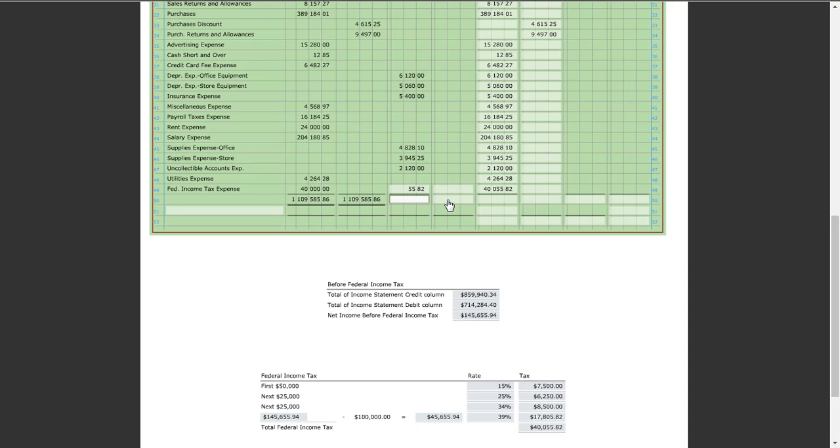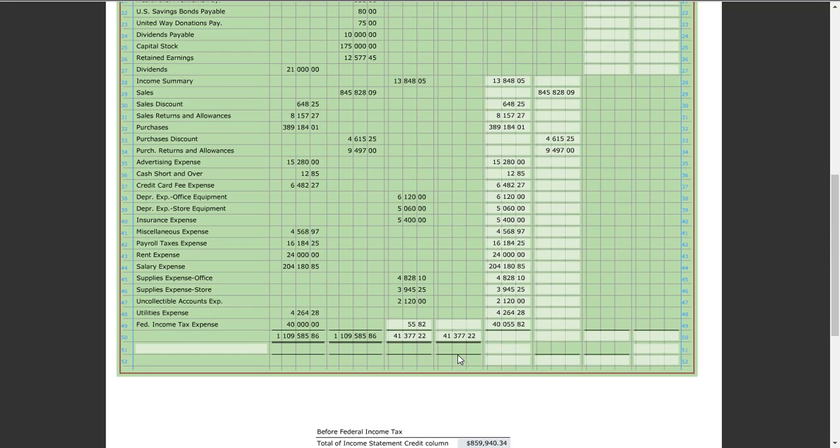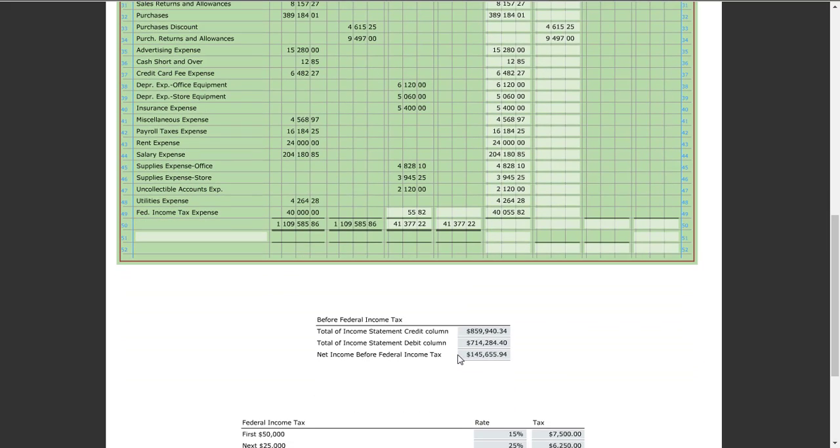That total needs to go on line 50. Do those two numbers need to equal? Must equal. Do that now. All right, did anyone get a number? No?